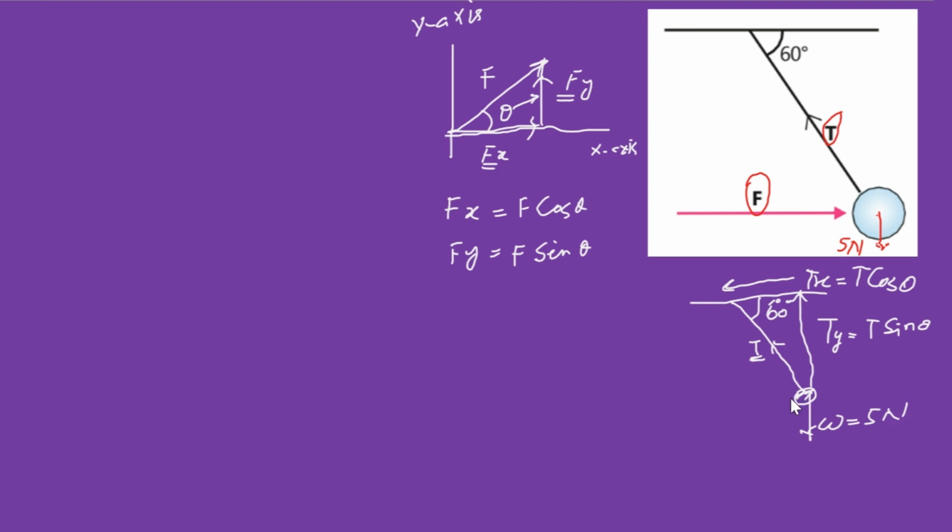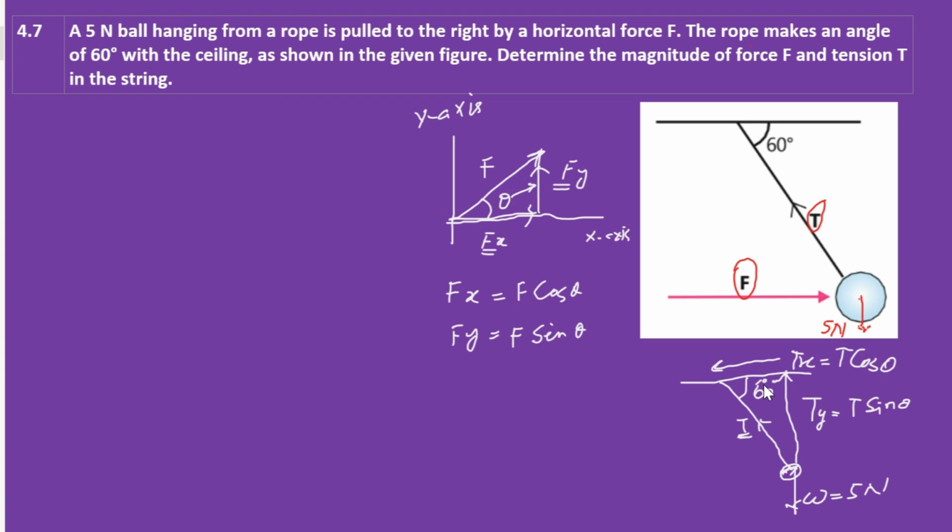Since the ball is neither moving up nor moving down, these two forces balance each other. So I write here that Ty is equal to the weight of the ball, and we know that Ty is equal to T sin theta, and the weight of the ball is 5 Newton, so we write here 5.